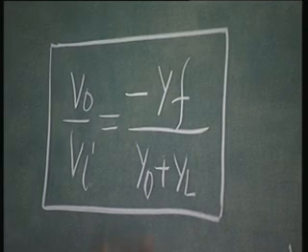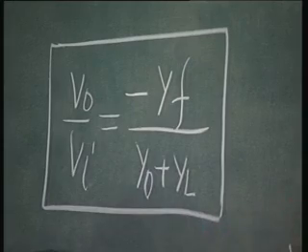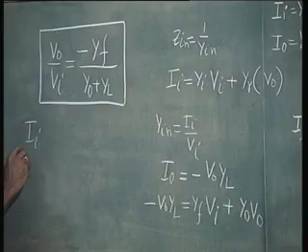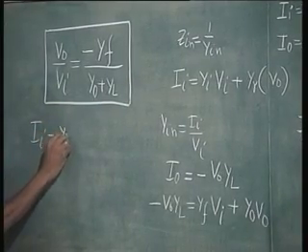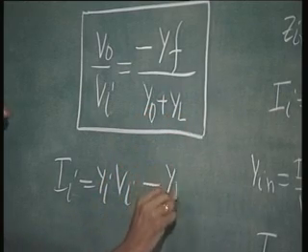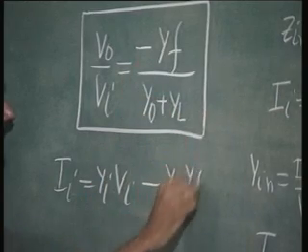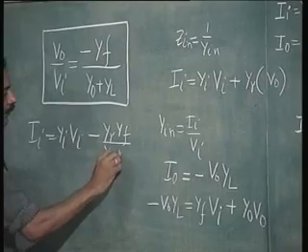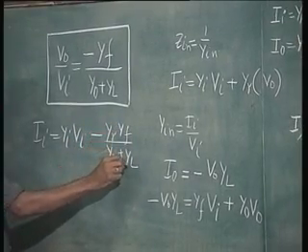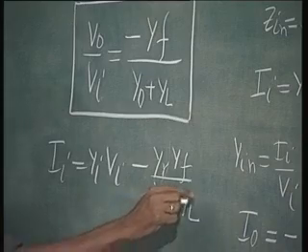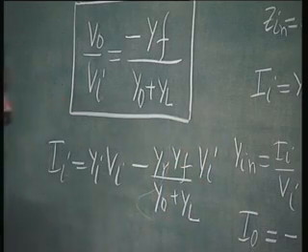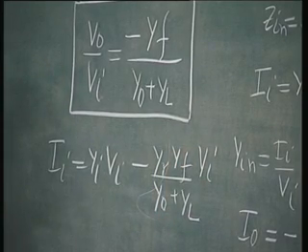Now, once we know V naught in terms of Vi, we can substitute this in the first equation and get Ii equals Yi Vi minus Yr into Yf divided by Y naught plus YL, into Vi, replacing V naught with this term.